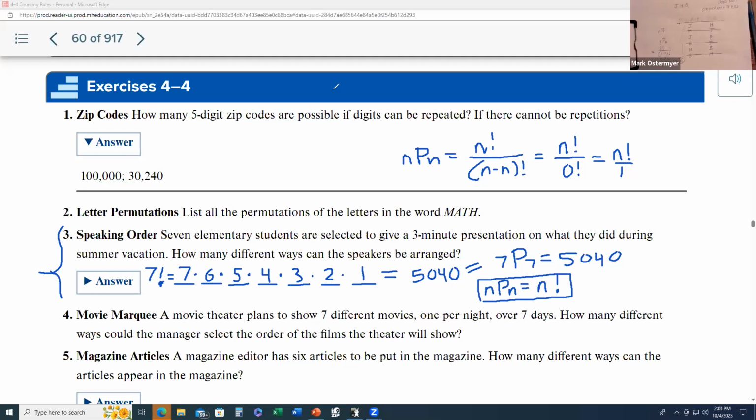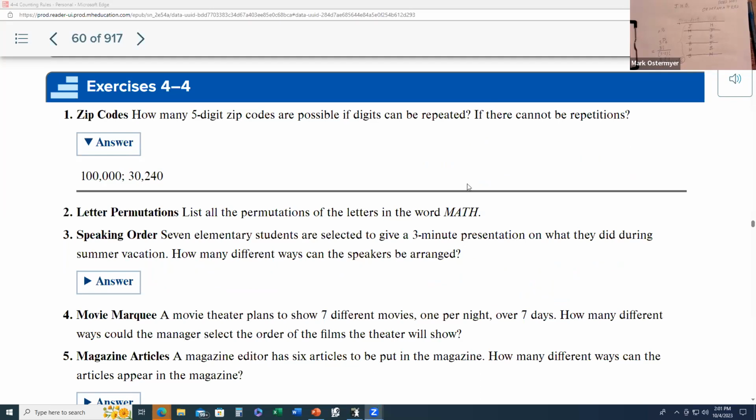All right, any questions about that problem there? All right, I got a question for you here. I'm going to make a problem up. If I have the word Abe, A-B-E, how many unique ways can I arrange these 3 letters?